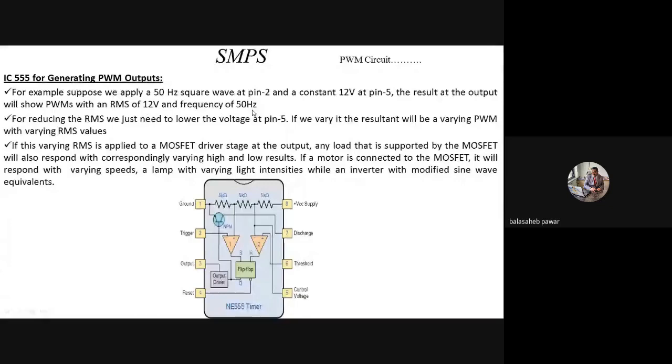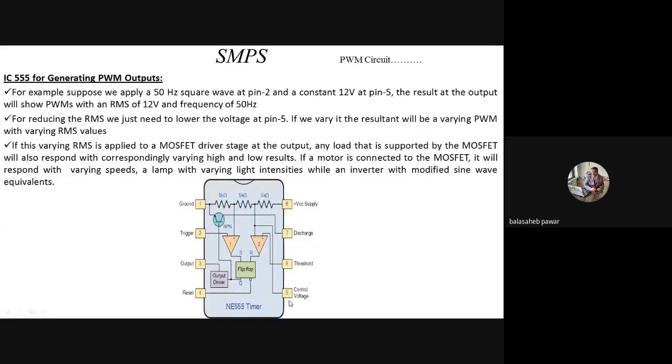To change the RMS, we just need to lower the voltage at pin number 5. If we want low RMS voltage, less than 12 volt RMS, then we have to apply this control voltage somewhat less than 12.